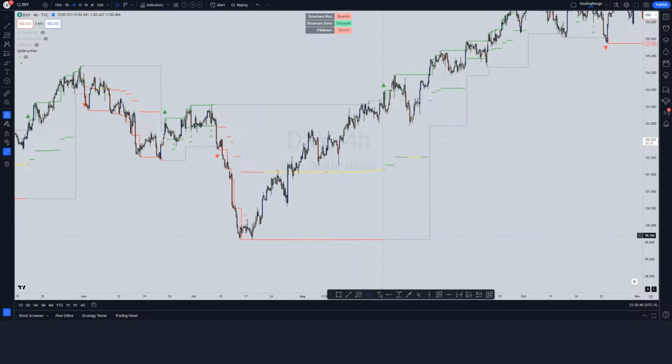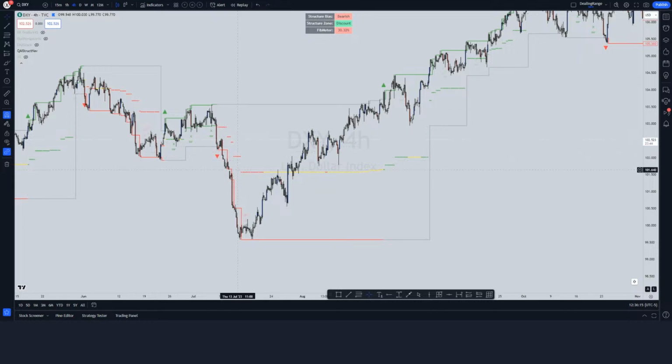When the line turns gray on the bottom, it will turn green on the top, and the bias switches to bullish. The transition between a bullish structure and a bearish structure is pinpointed by these red and green arrows. That's when you have a significant structure break that changes the bias or the structure.